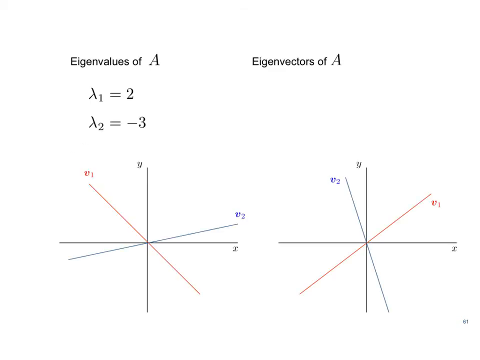Now we need the eigenvectors. Most of the time I realize that this is somehow forgotten, so how to find the eigenvectors? Let's do it quickly.